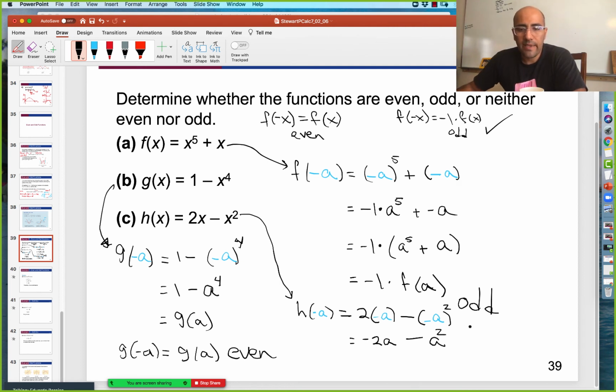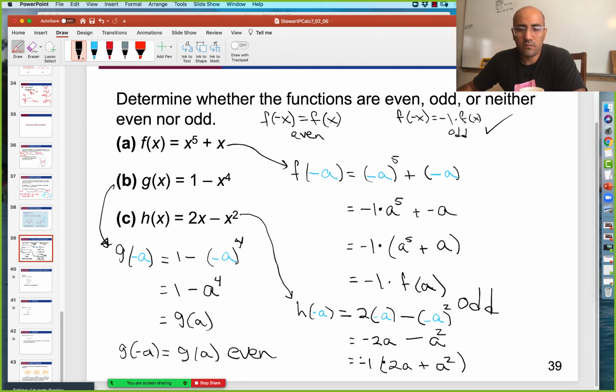Okay, and now if I factor out a minus 1, I end up with positive 2a plus a squared.